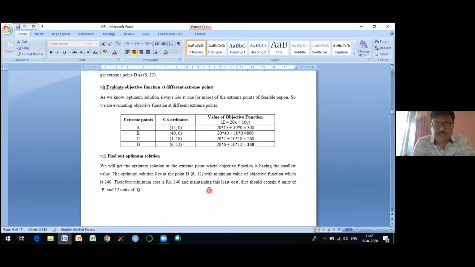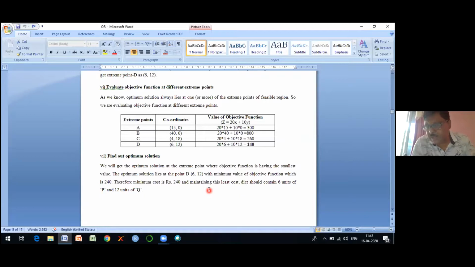But again, I am saying one thing: the graphical method has some limitation. We cannot consider more than 2 variables at a time. Why? Because we have only 2 axes, the x axis and the y axis. Along the x axis, we can measure only one variable, and along the y axis, we can measure only another variable. So at most, we can consider two variables.